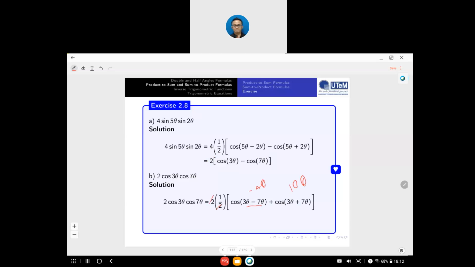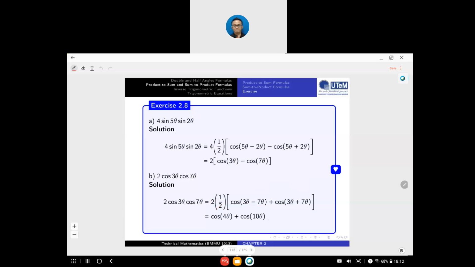So we know that cos negative 4 theta also equal to cos 4 theta. So that's why your answer equal to this one. Sebab dia sama je. Cos negative 4 theta also equal to cos 4 theta. Okay. Boleh? Okay, that one for product to sum and sum to product.